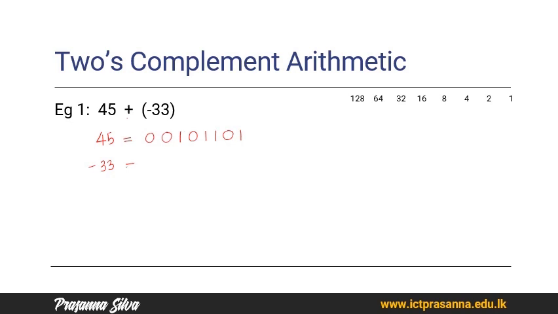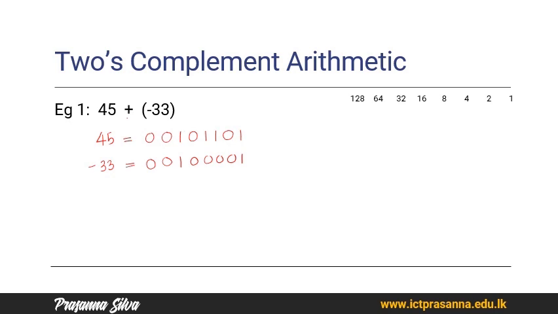Now even though we deal with negative 33, we have to first find out the positive representation of 33. So it's 0 for 128, 0 for 64, 1 for 32, 0, 0, 0, 0 and 1 for 1, which makes 32 plus 1 adds up to 33.